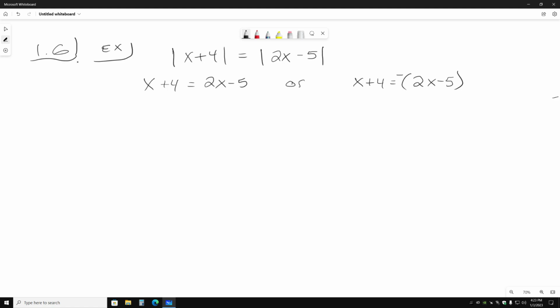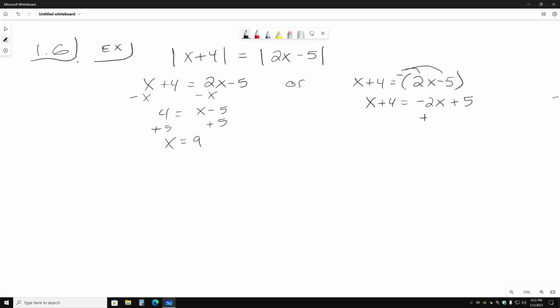So solving for x, we're going to subtract x from each side to get 4 equals x minus 5. We'll add 5 to each side to get x equals 9, and this side is solved for. Over here, we'll distribute the negative first to start solving for x. We'll get x plus 4 equals negative 2x plus 5, because a negative times a negative gives us a positive.